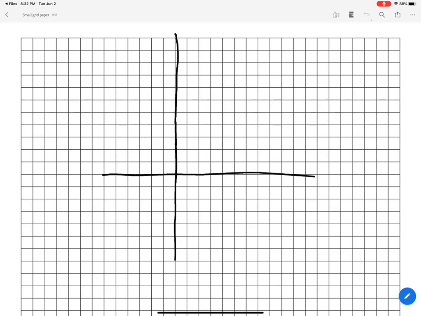We have 0 through 10. (1, 8): start at the origin, 1 over, 8 up. (2, 6): origin again, 2 over, 6 up. Then (3, 4), (4, 2), and (5, 0). Alright, so that's our graph.